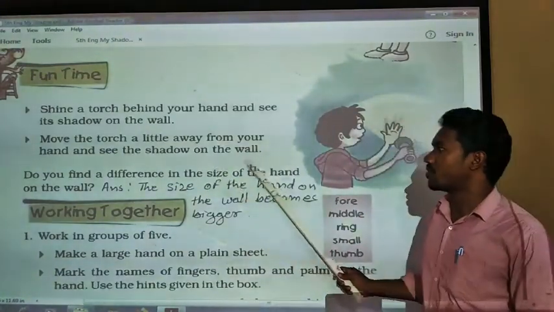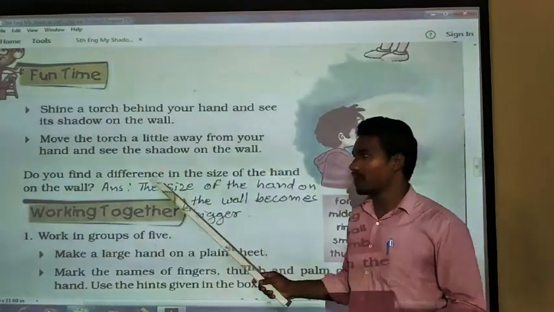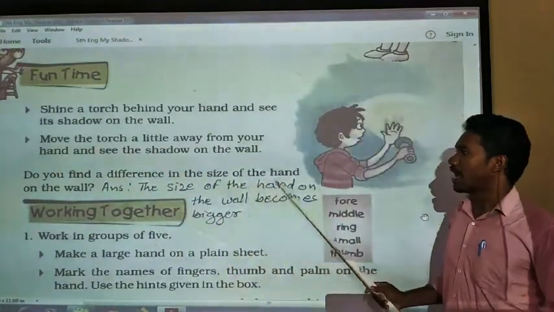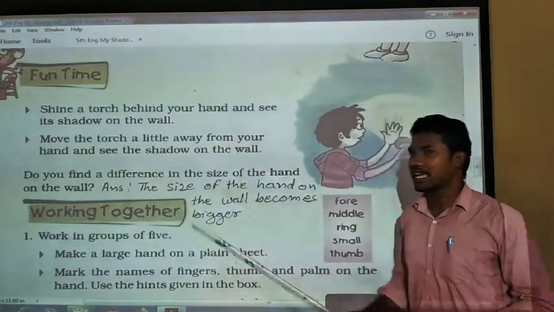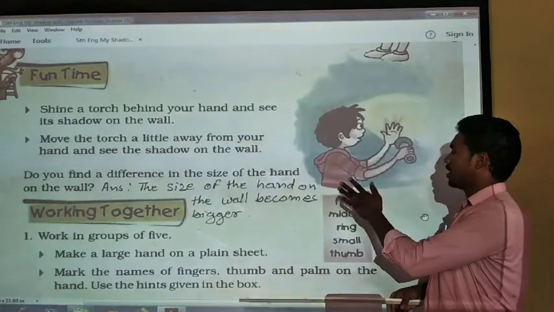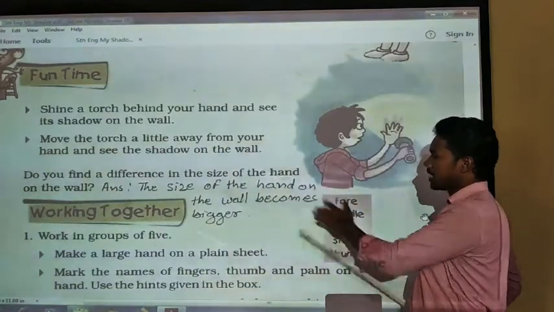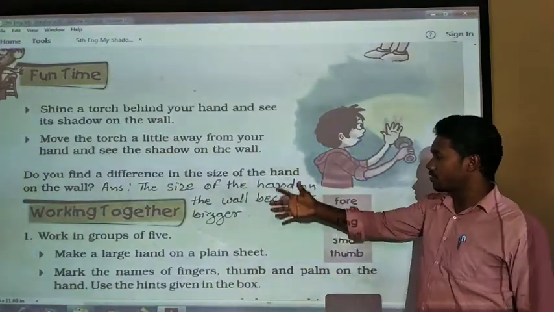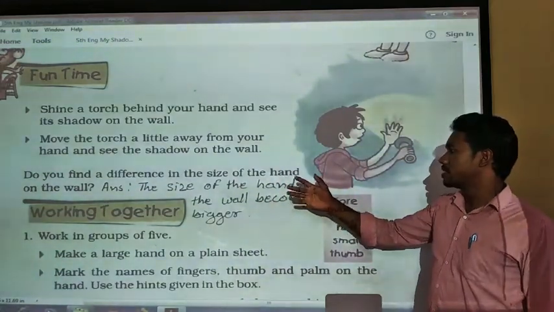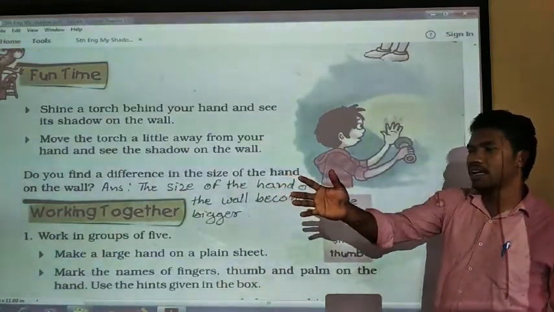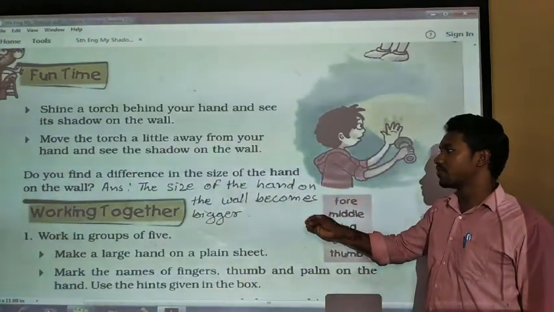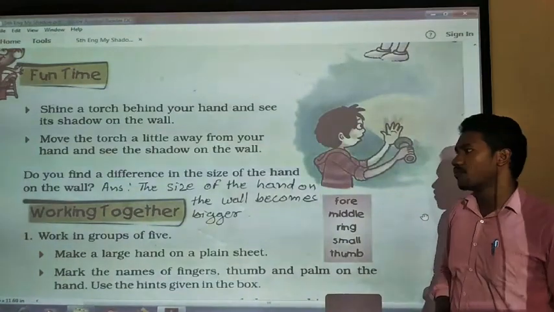Okay, and that is what here it is saying. The differences you have to write down. Do you find a difference in the size of the hand on the wall? क्या आपको कोई differences मिल रहा है कि आपका साइज जो है, आपका हाथ का या फिर आपका परछाई का वॉल में जो दिख रहा है उसका साइज और ये हाथ का साइज में कोई डिफरेंस आ रहा है? जब आप दूर लेकर जा रहे हैं आपका टॉर्च को, और जब आप पास लेकर आ रहे हैं आपका टॉर्च को, तो उसमें कुछ डिफरेंस आ रहा है कि आपका साइज में, वो लिखना है आपको.